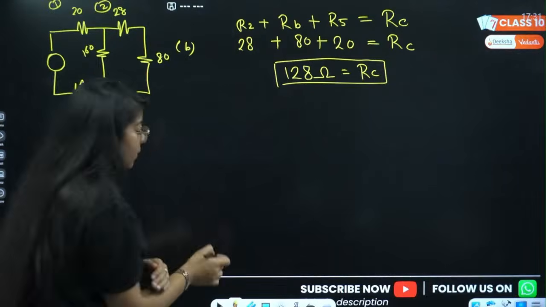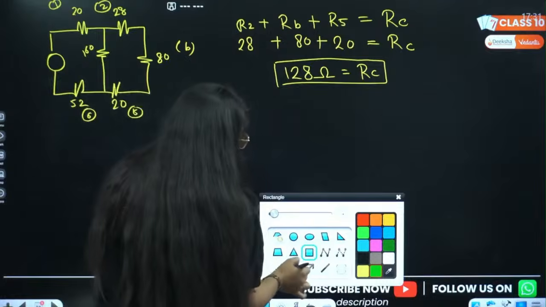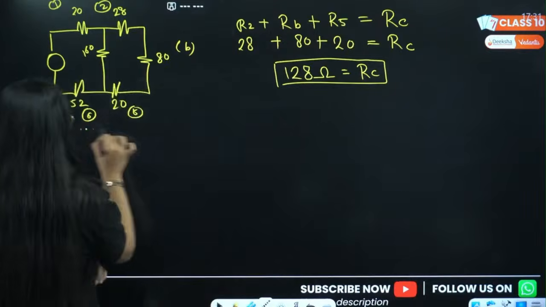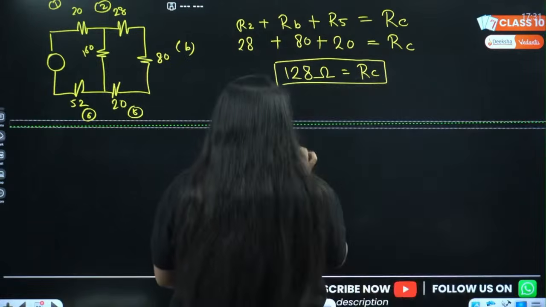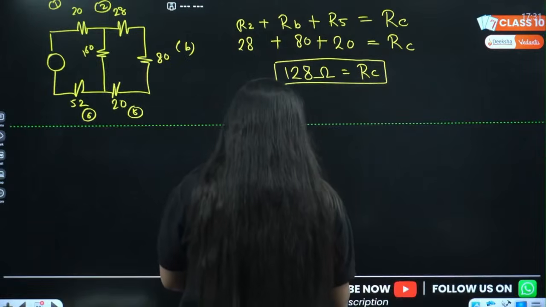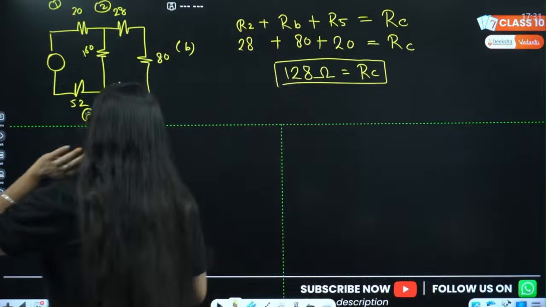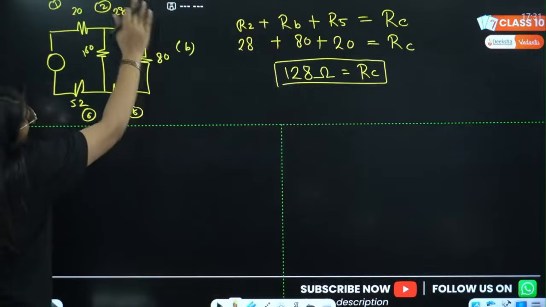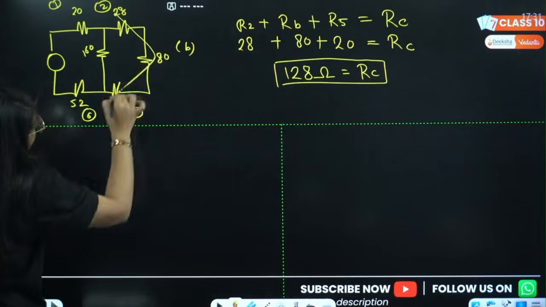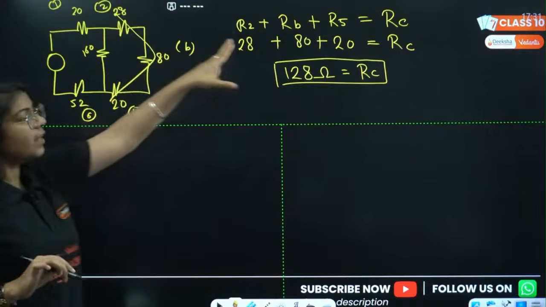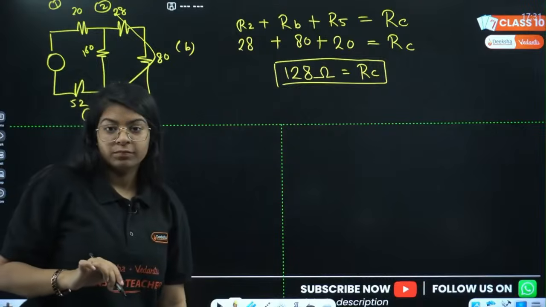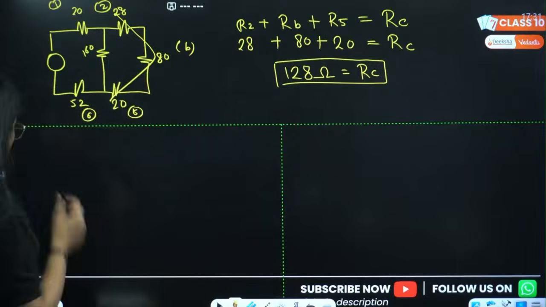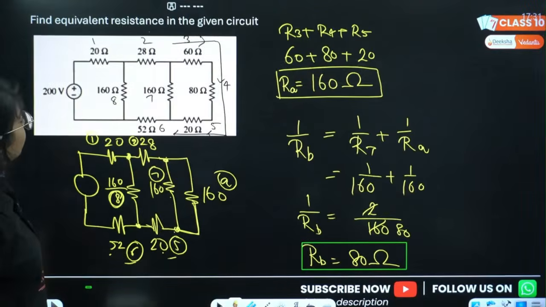Now again the point is to make the circuit again. ठीक है? See, now these three got cancelled. Because of these three, only one resistance will be there, that is 128 ohm. Understood?